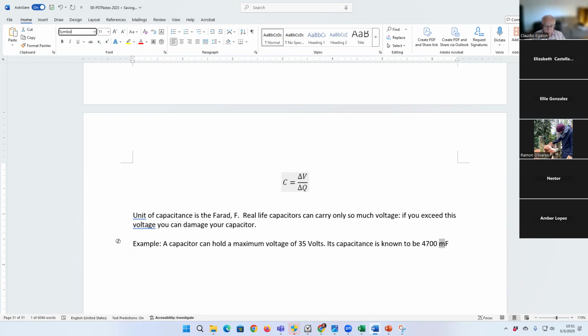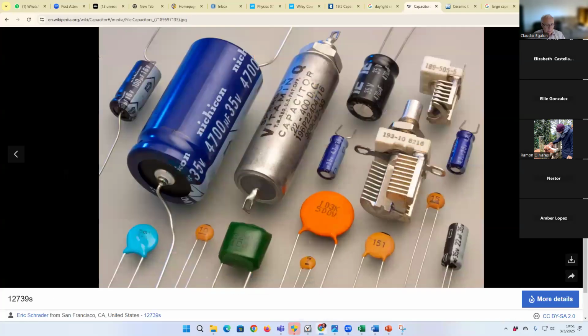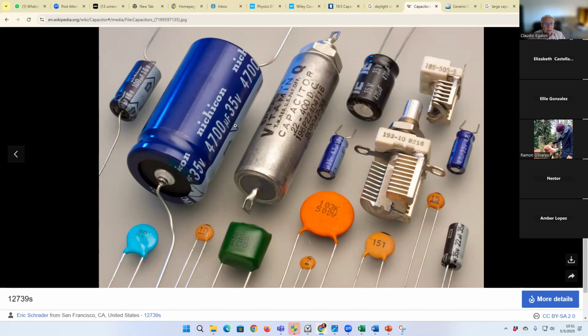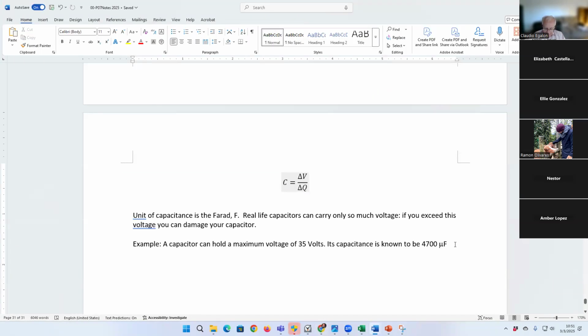It doesn't tell you the maximum charge. It tells you the maximum voltage. What is the maximum charge that this capacitor can carry? Solution.